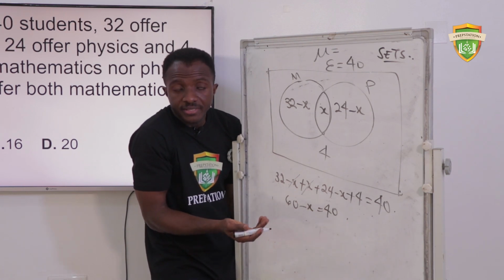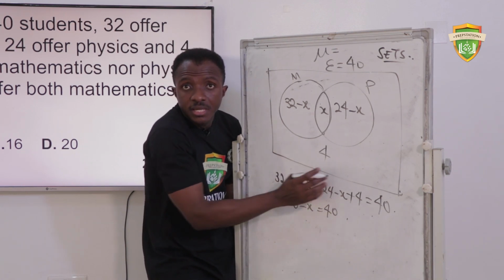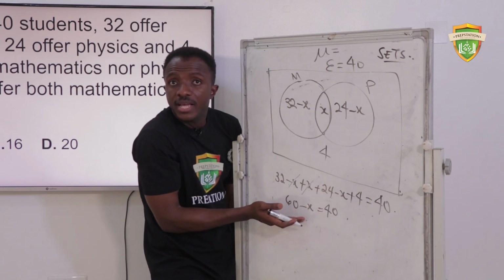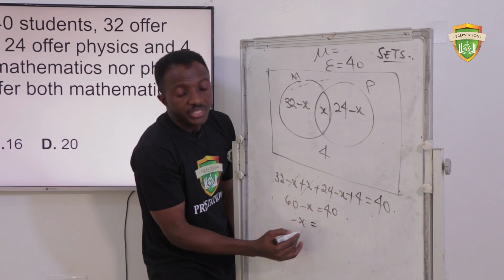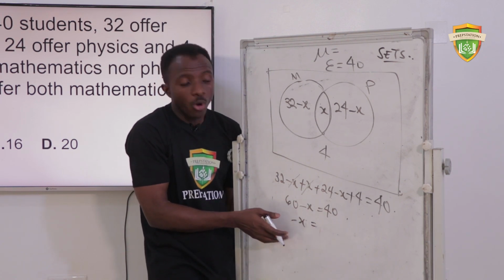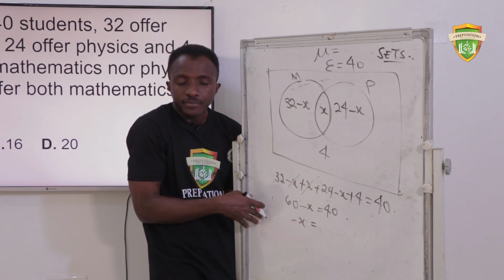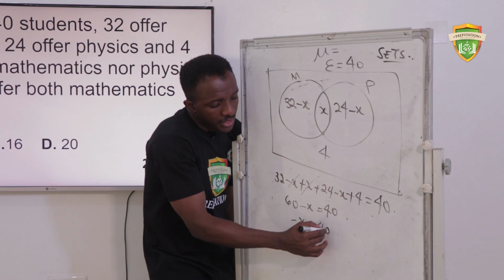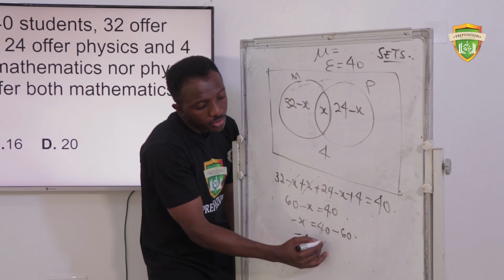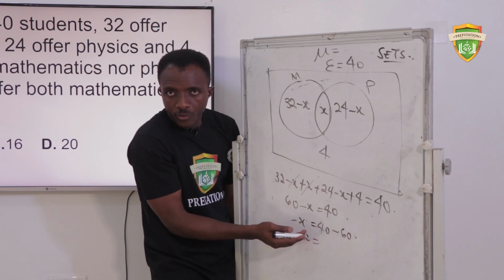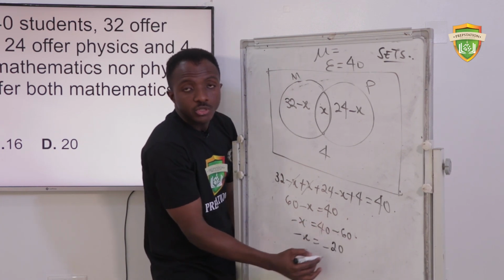We can do it in 2 ways. Either I take my x over here and bring the 40 here, or I take my 60 over here and leave my minus x here. If I take my 60 over here, it's always advisable to keep your unknown on the left hand side. I'm going to have 40 minus 60. So that is minus x equals, 60 is bigger than 40, so that would be minus 20.